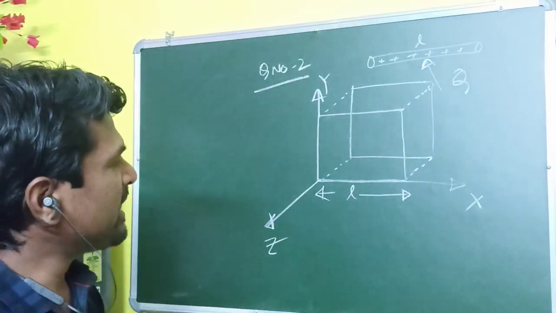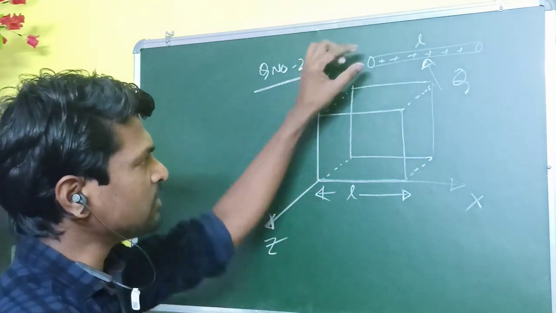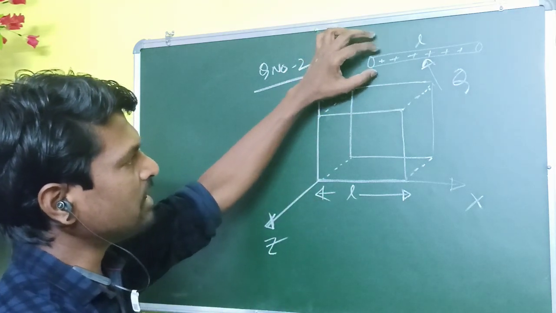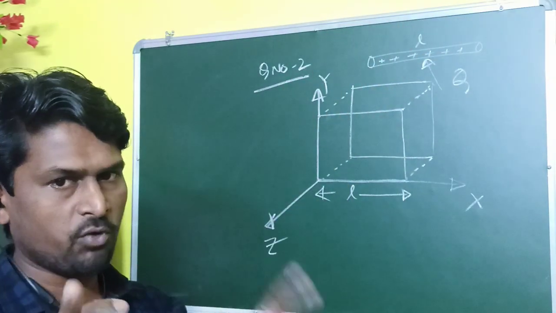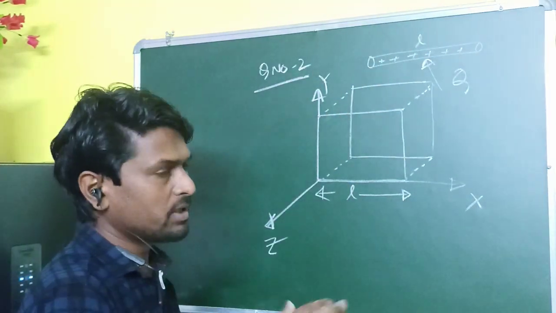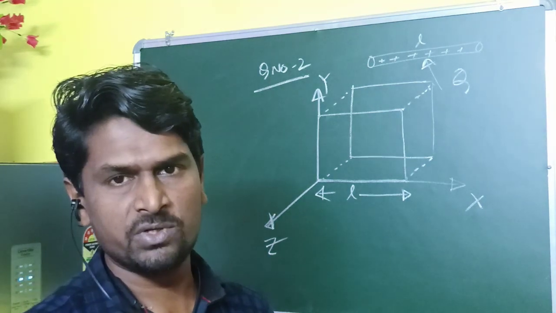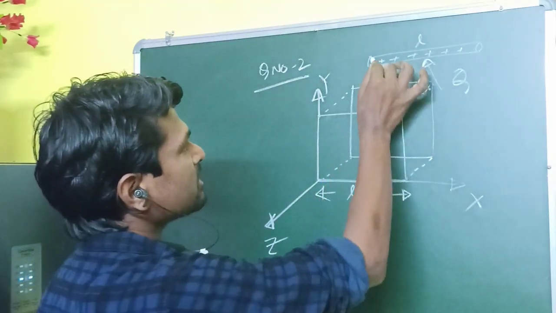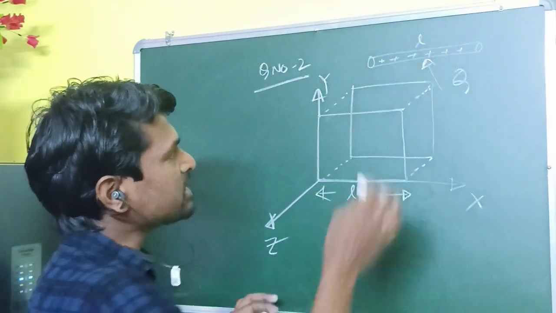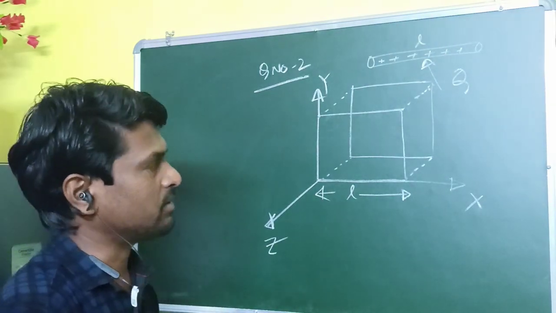So students, you have to realize the numerical first. A length L of rod is given and capital Q charge is uniformly distributed, that is the vital point. If the charge is non-uniformly distributed, then you cannot calculate what amount of charge is contained within half or within 1/4 of the length of the rod.